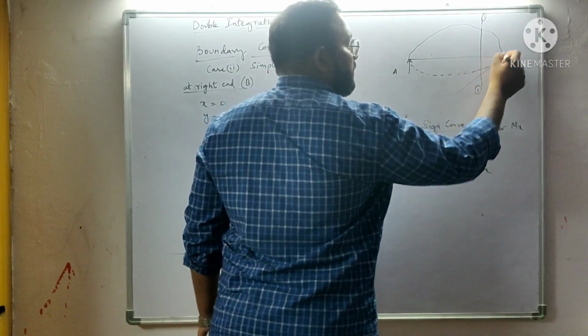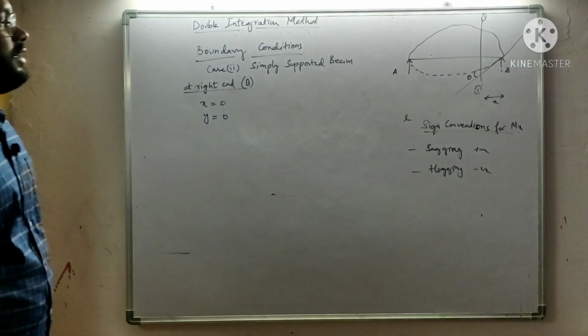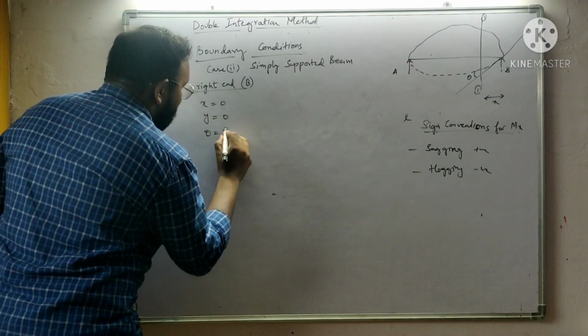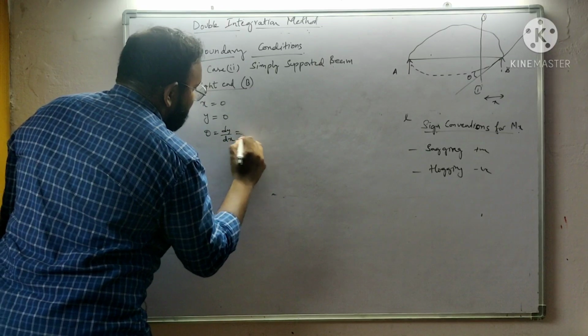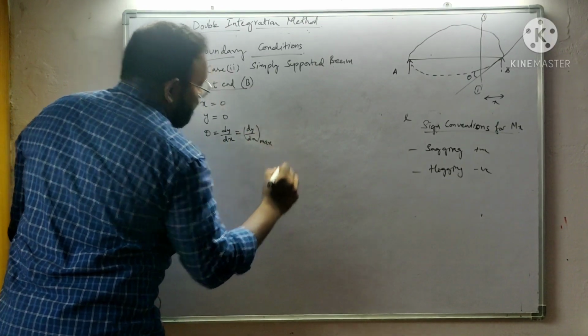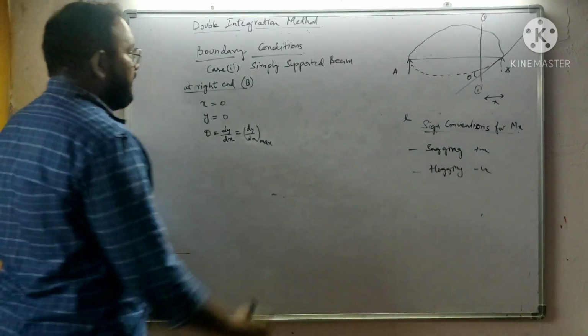Deflections at the supports will be 0. Always remember there is no deflection at the supports. What about theta? Theta is dy by dx, which is equal to dy by dx maximum.